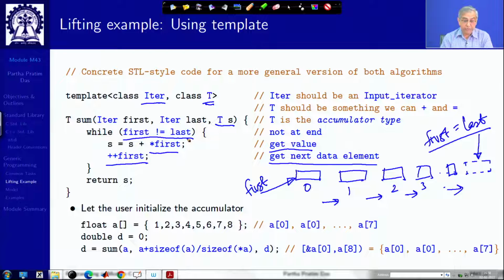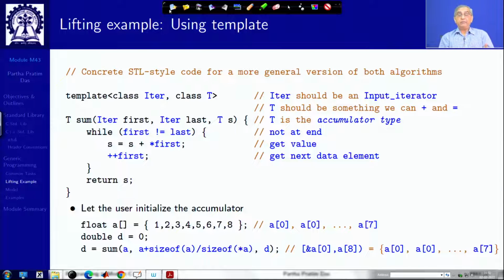So, there should be a way to compare these two iterators, like comparing pointers, as you can think. With that this becomes a generic code which can work in different contexts, provided I can support this plus plus, star and not equal to operators in a proper manner.